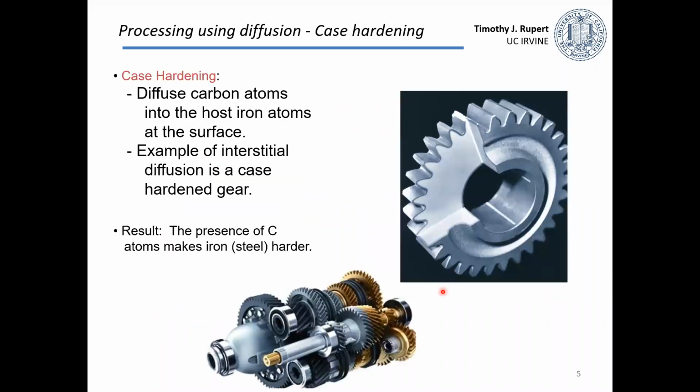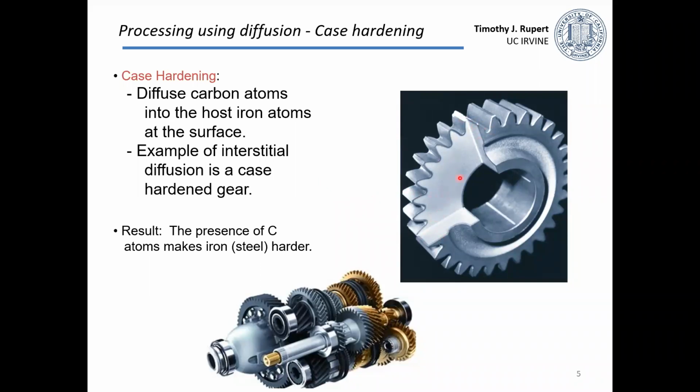And a practical place that we see this is in things like gears. So something called case hardening is where we actually intentionally diffuse carbon atoms into the host iron material at the surface. And we'll talk about this mechanism, but this is actually interstitial diffusion. And the idea here, this is a gear that there's been a section cut out.